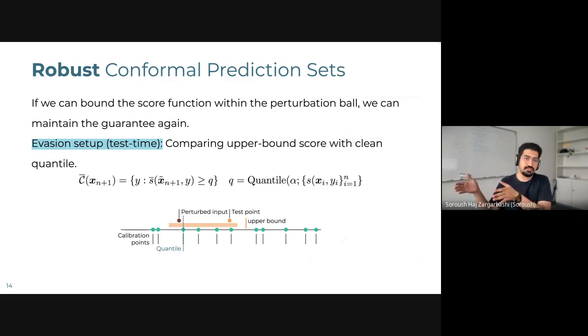So if the test score was covered, this upper bound would also be covered. So with that, I can again maintain the guarantee, because for all those points that I was covering, I now also cover the result with this upper bound.